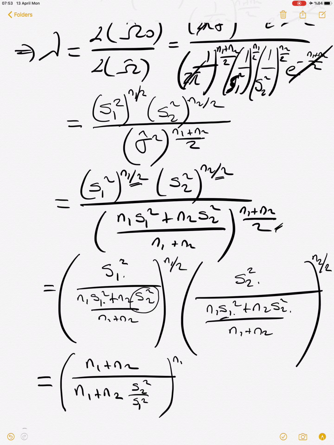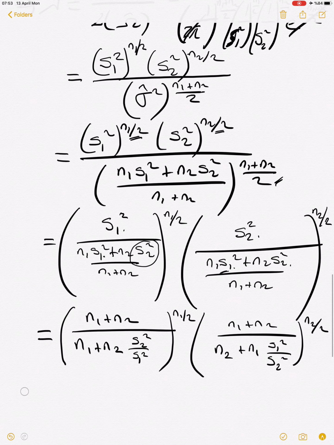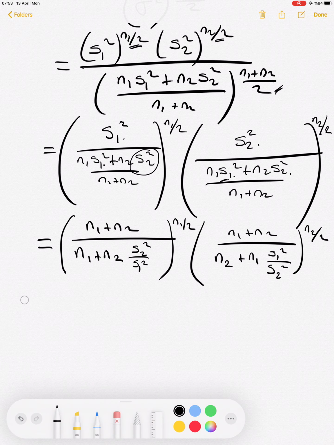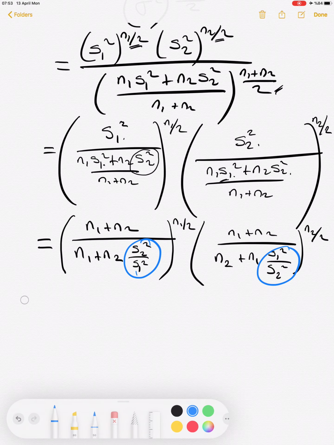So we have the power of n1 over 2, and we have the same here, and n2 plus n1 times s1 squared over s2 squared, which is this one. As you can see, we have the same statistic actually. This one and this one are just the inverse of each other.